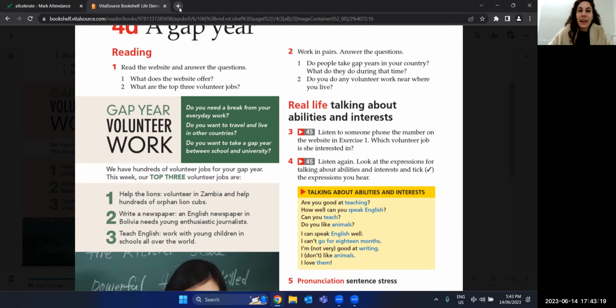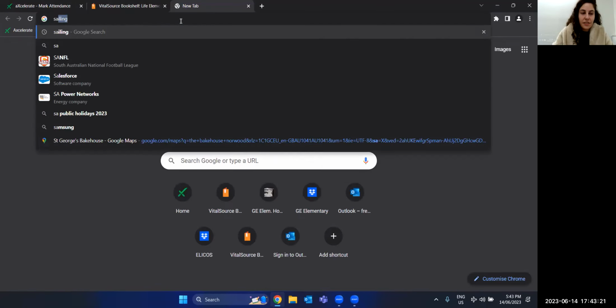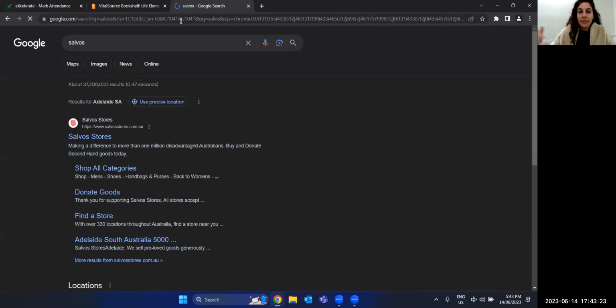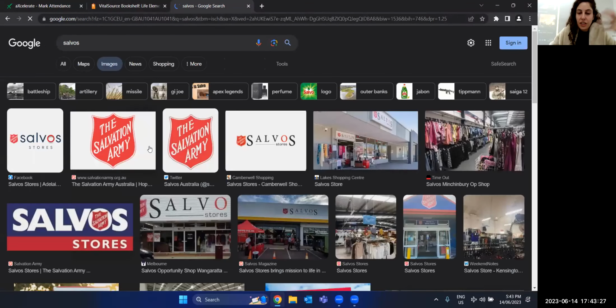So in Australia, we have a shop called the Salvos, where if you have things, you can give them to this place. You give your stuff to this place, and they will sell it more cheaply. Yes, I remember you telling me. Yeah, and it's affordable, but the people who work here volunteer their time, so they don't get paid.